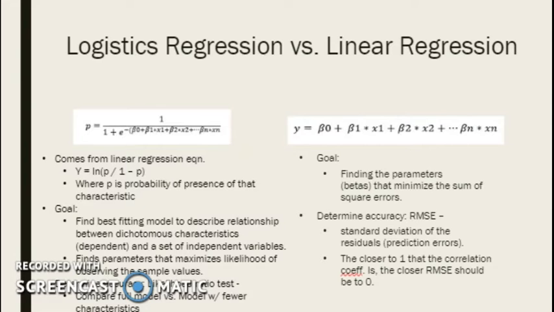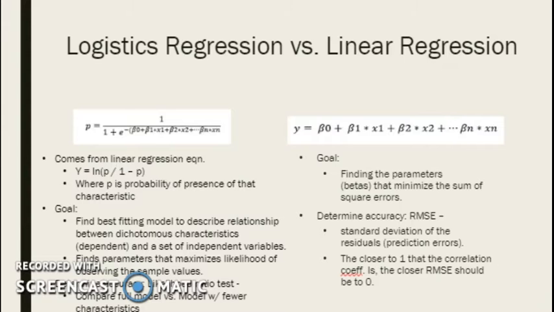The goal of this equation is to find the parameters, or the betas, that minimize the sum of the square errors. In order to determine accuracy with this method, we use a statistic called the root mean square error, which is basically the standard deviation of the residuals, which are the prediction errors.